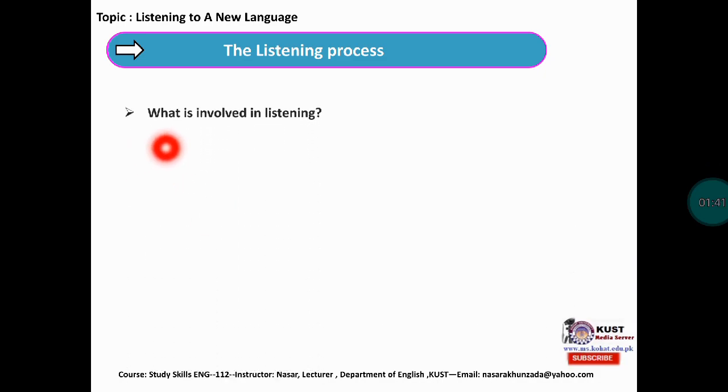What is involved in listening? When people try to describe what it is that students have to do as they listen to a new language, they come up with several elements.